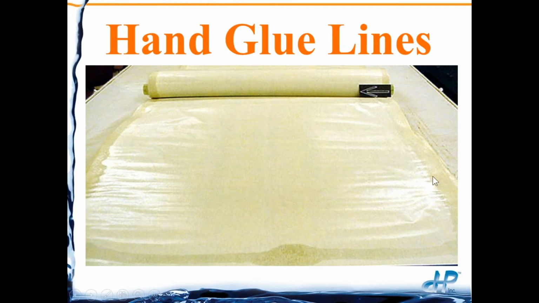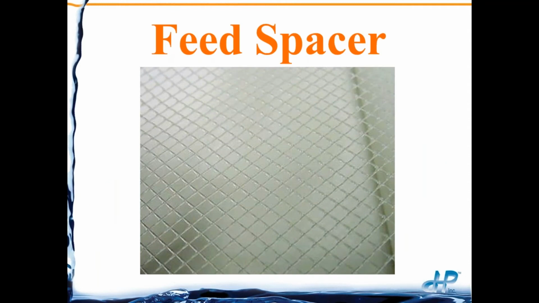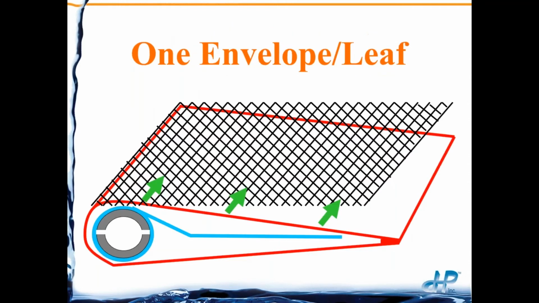And as you can see, the glue lines right here are not as uniform as what you'd like to see, especially right here. That's where there are two glue lines, one guy over here gluing it and a similar guy over here gluing it, and that's why they have a larger splotch of glue right here. And then it's not as even over on this side. So as I say, you can still have hand glue lines. We're going to have one envelope or leaf with that feed water spacer in there. It allows the water to enter. And here's a picture again of the feed spacer.